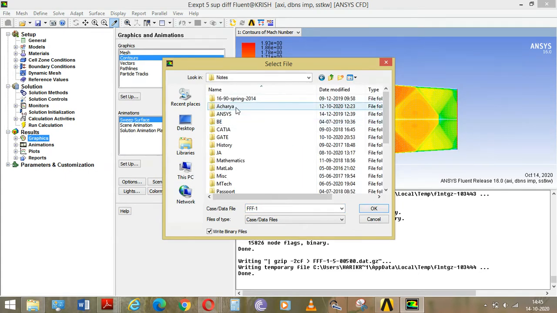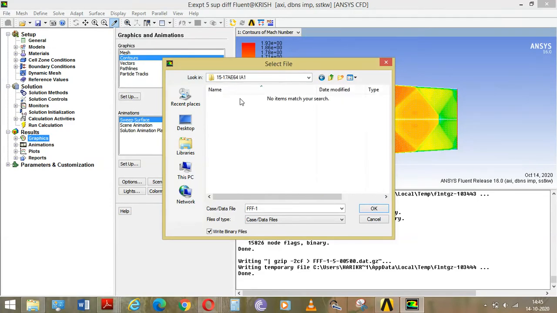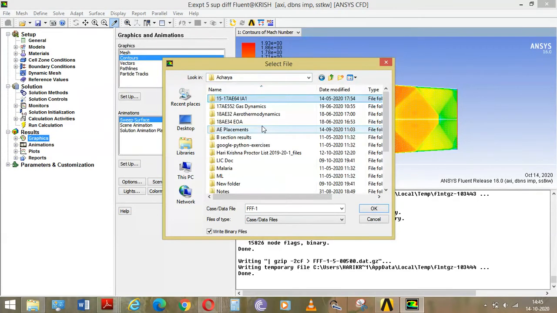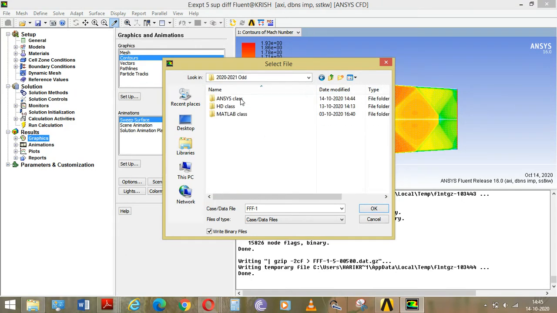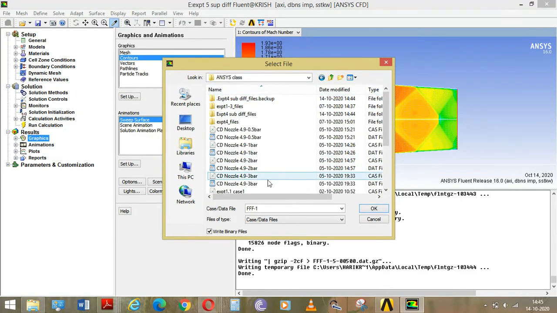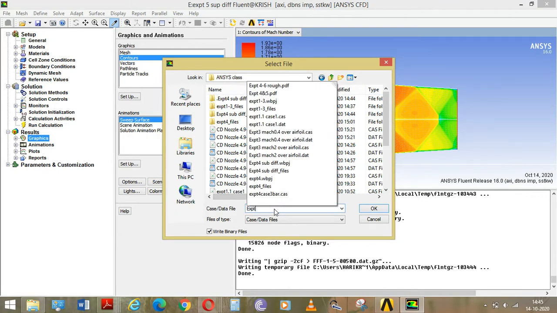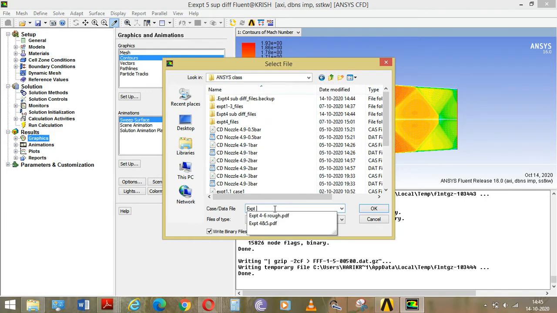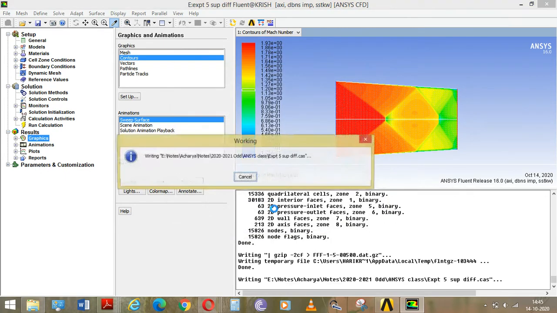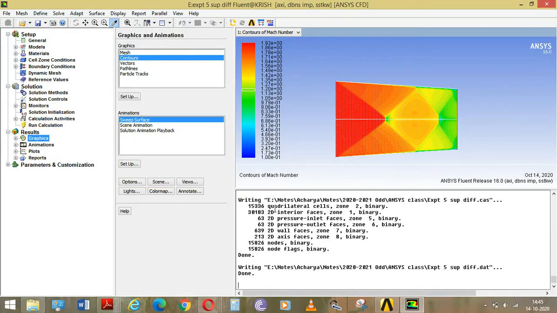I have done all my experiments here, so I'll name the case and data file experiment 5, supersonic diffuser. Okay, your case is saved.